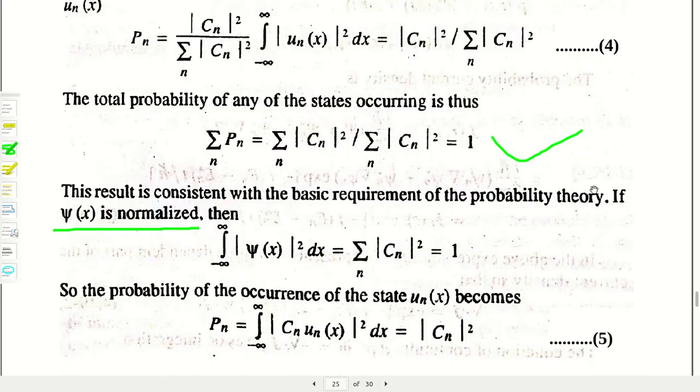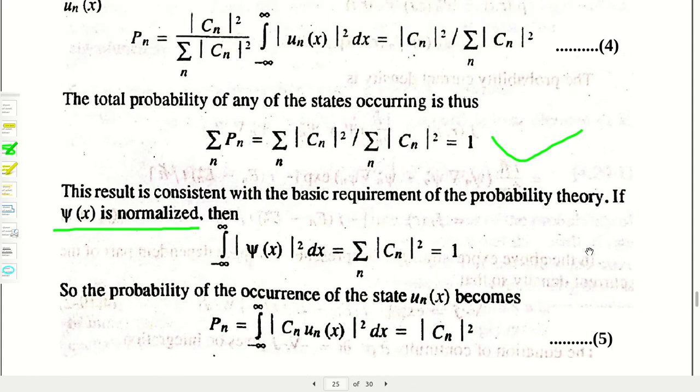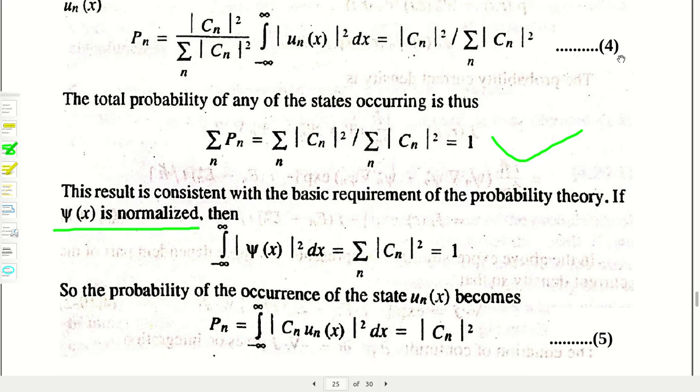So equation number 4 and equation number 5 are both expressions for the probability of finding the system in the nth state in terms of the expansion coefficient. You need to find the expansion coefficient by some technique, and you will get the probability result. But you should be cautious when using equation number 4 or equation number 5.